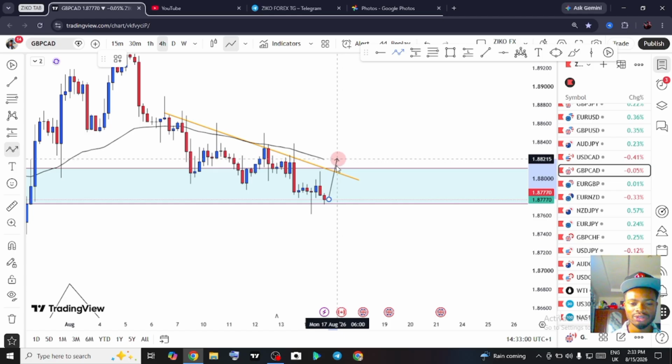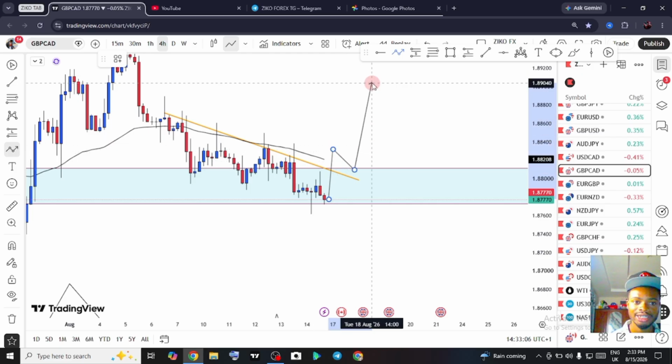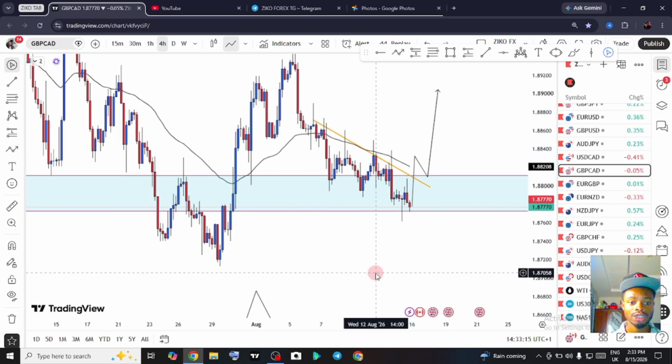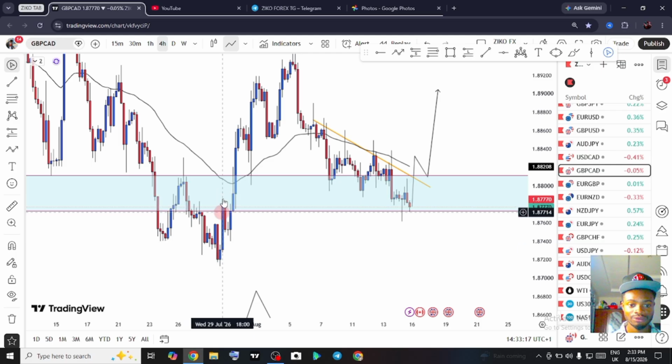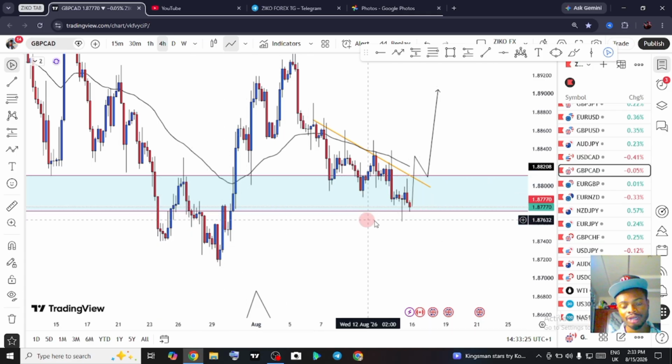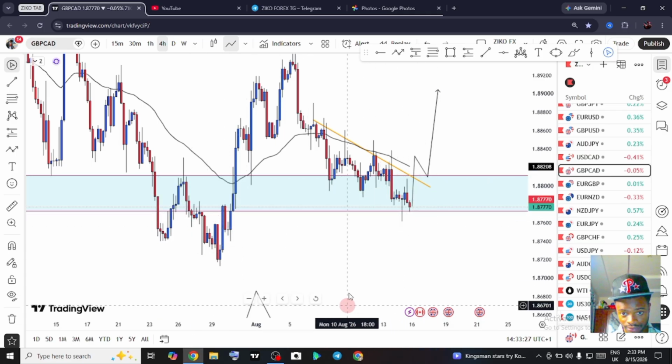It really depends on what the market does, whether it's going to break above this high or this high, but we just need any clean break and retest we can get. I would like to see that clean break and retest on the 4-hour time frame, because the 4-hour has cleaner market structures. So you can get something just like this: break, retracement, doji, and engulfing. We'll be entering and we'll buy. So it's pretty much similar entry points.